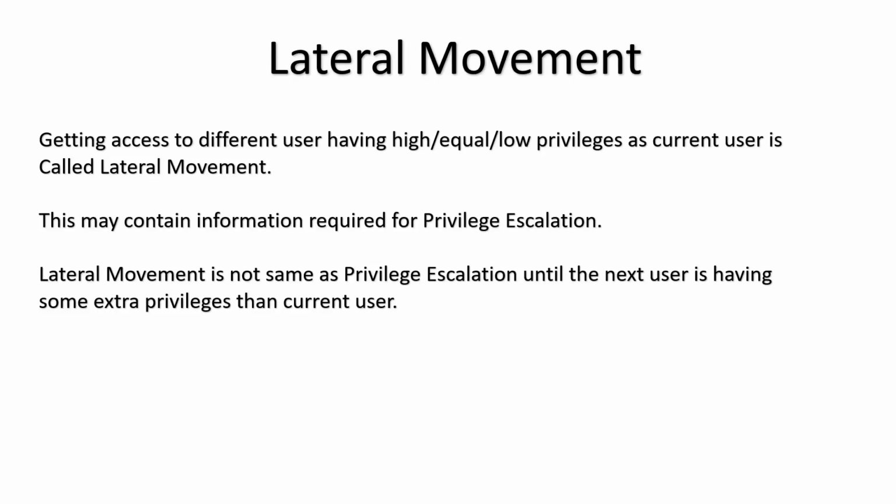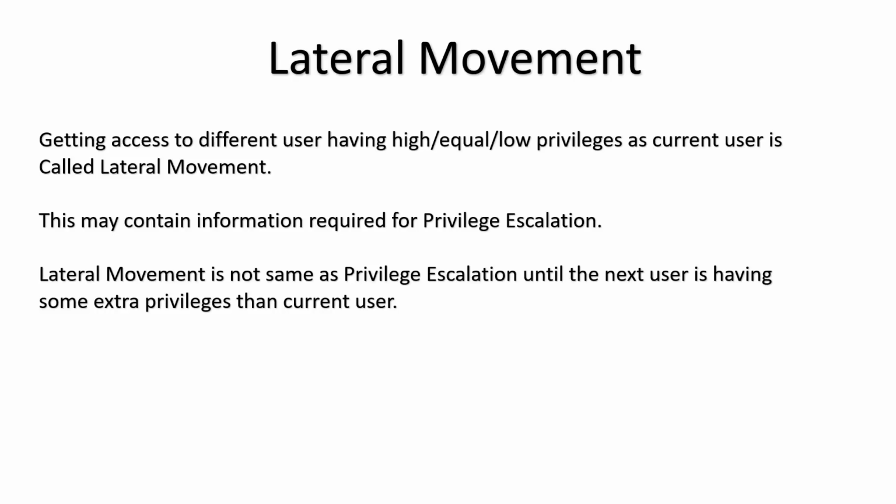For example, if the user that we just moved laterally to has equal or low level of privileges compared to our current user, that is user 1, then we will try to look for sensitive information in various files and see if there is any information or any passwords or something like that that may lead to privilege escalation, and that would be equally helpful. However, it would not be called direct privilege escalation, it would be called privilege escalation through lateral movement.